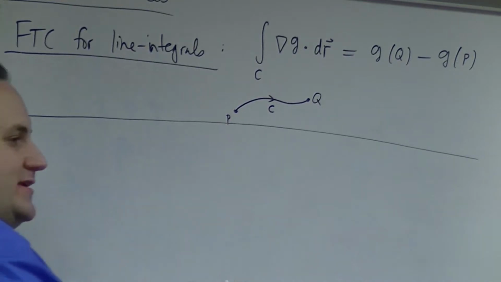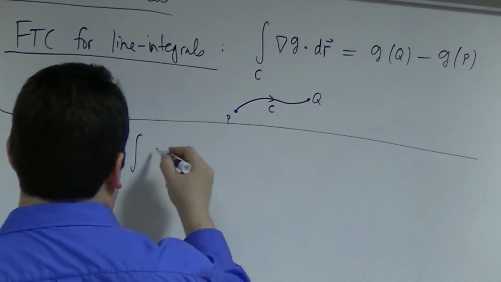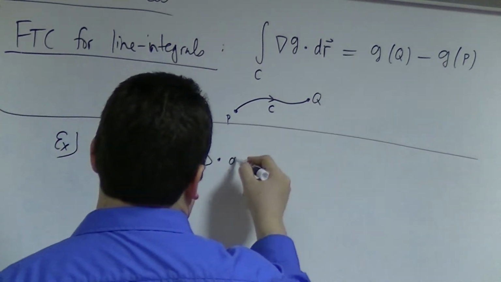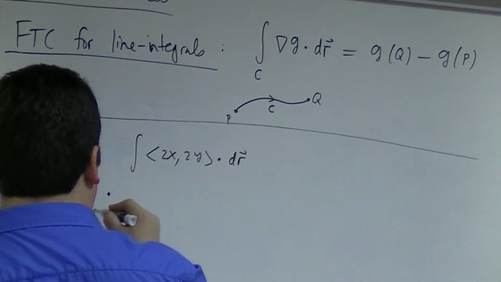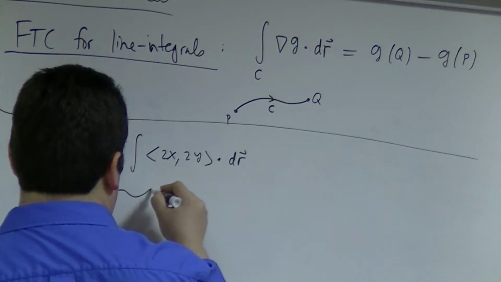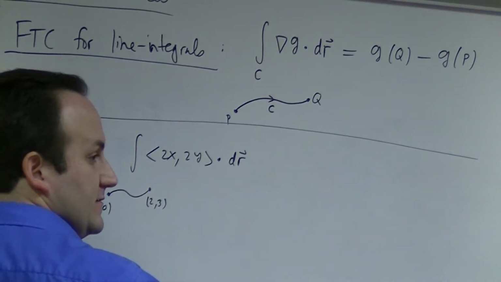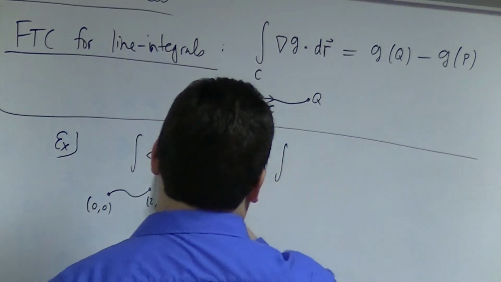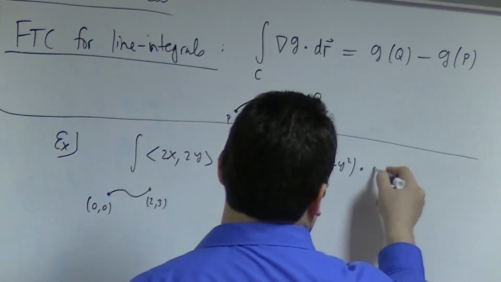Here, an example. If I was integrating, say, 2x, 2y dot dr, and suppose I've got some path which goes from 0, 0 over to the point 2, 3, then this would be the integral. Hey, that's the gradient of what? x squared plus y squared.